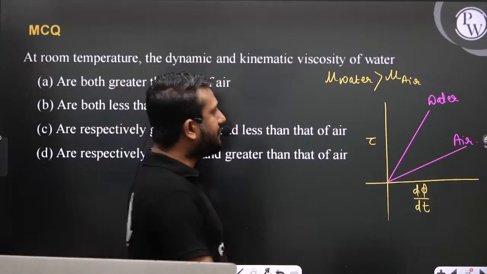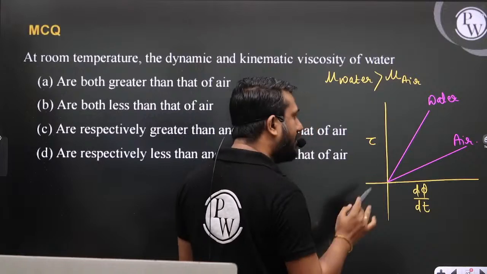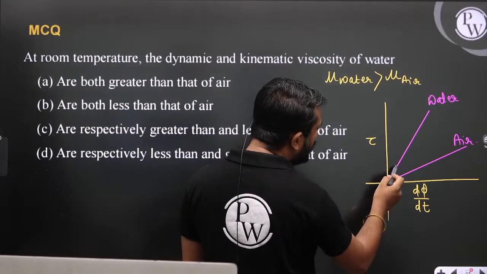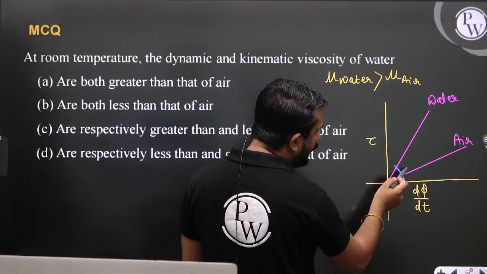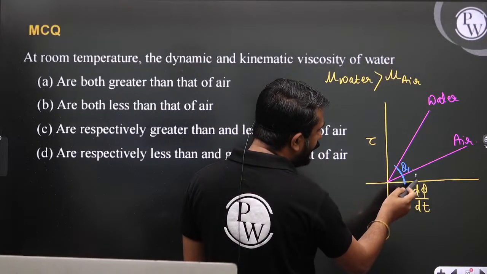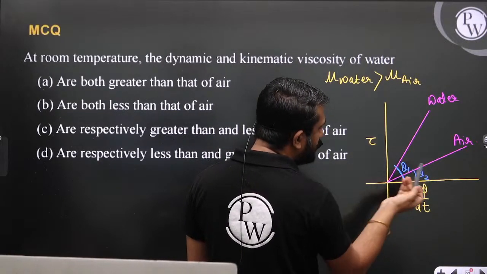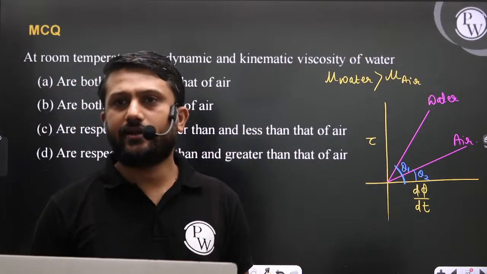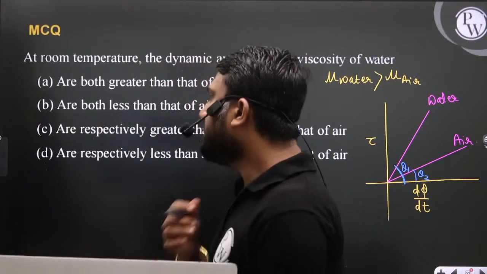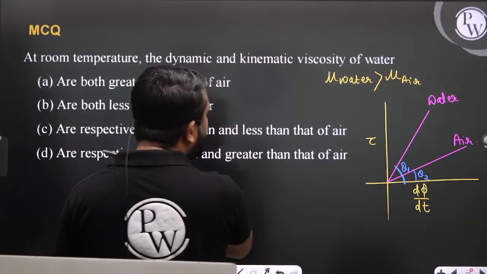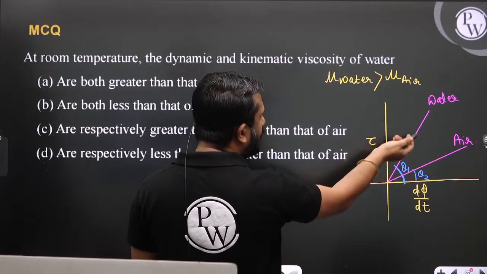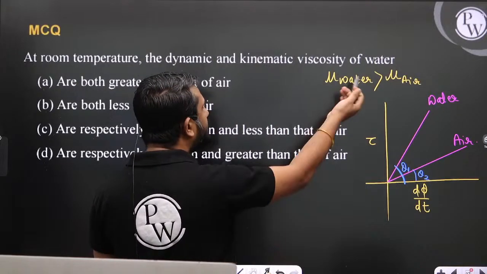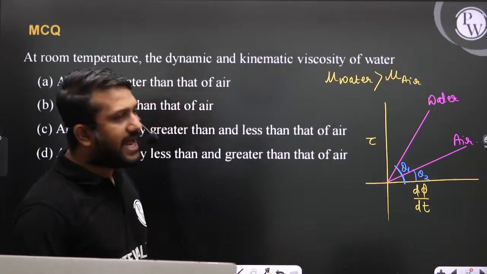This graph is for water and this graph is for air. Let us consider this is theta1 and this is theta2. In case of a Newtonian fluid, the slope represents the dynamic viscosity. So it is very simple: the slope of water is more than the slope of air, so the dynamic viscosity of water is greater than that of air.